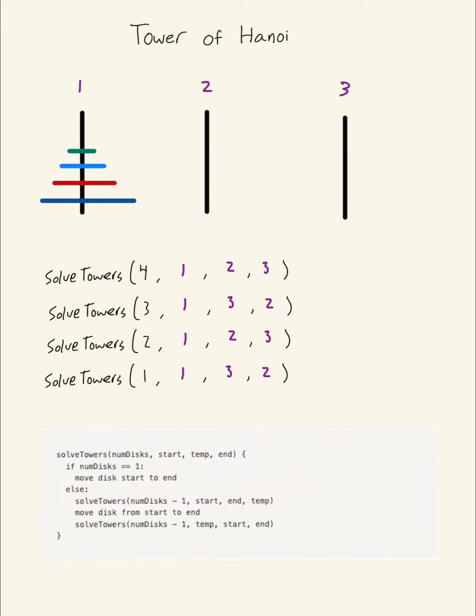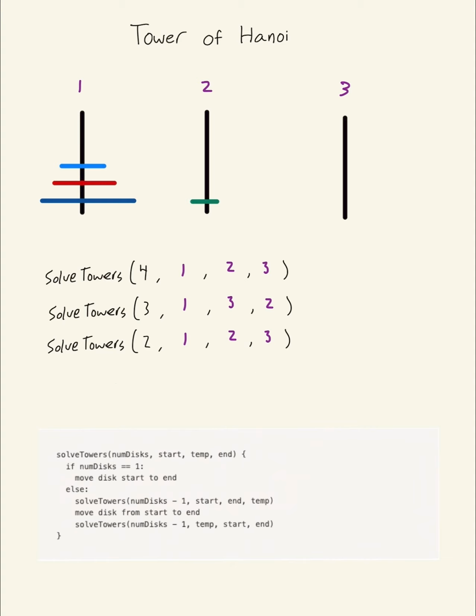So we don't need to solve any subproblems. We can just move the disk from the start to the end. There's nothing stopping us. So why don't we do that, all right? We reach the base case right here, and so we can move from tower 1 to tower 2. All right, done.